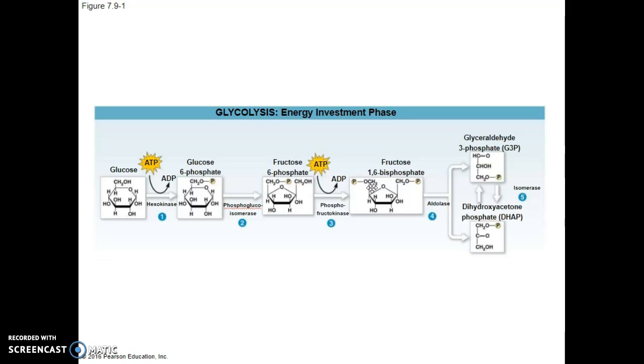Knowing that it's unstable and it can't hold the whole molecule inside the cell, it then splits into two 3 carbon sugars. One of them is glyceraldehyde, and the other one is DHAP. These are isomers of each other, but despite that, only one of them is able to make it to the energy payoff phase, and that's DHAP.